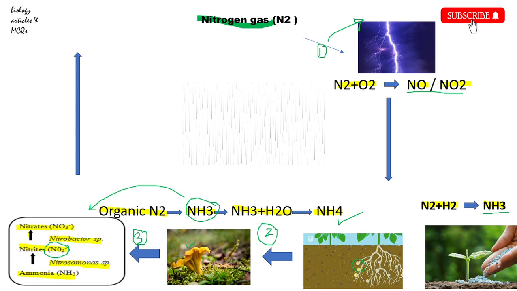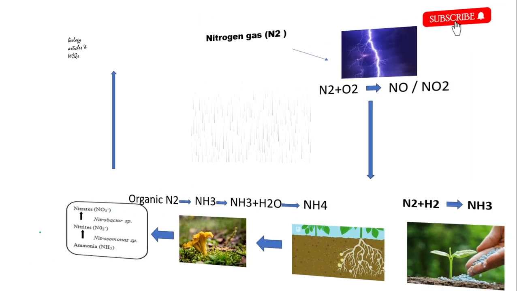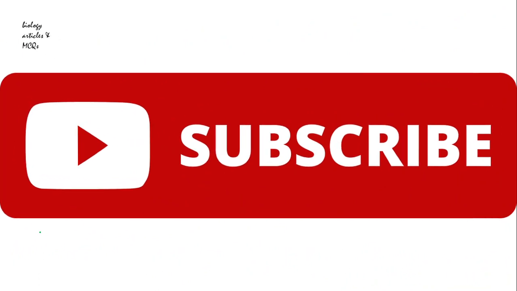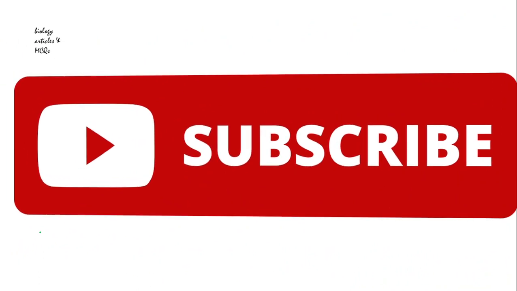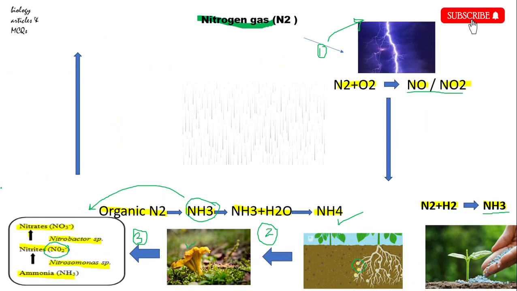So here the ammonia is changed into the nitrites and then into the nitrates, and this process is also going on in the soil. So guys, after the nitrification process, the final products are the nitrates.